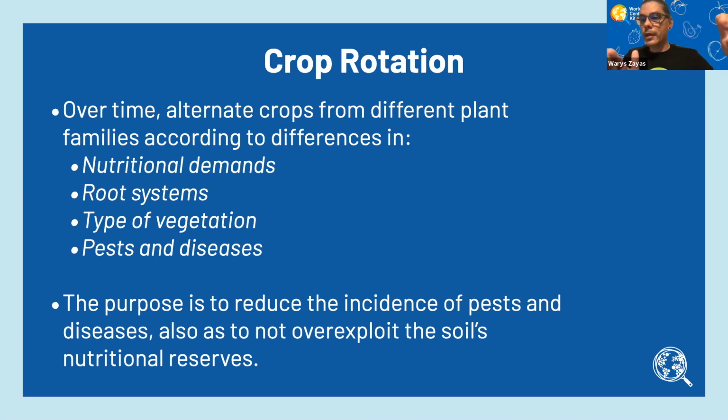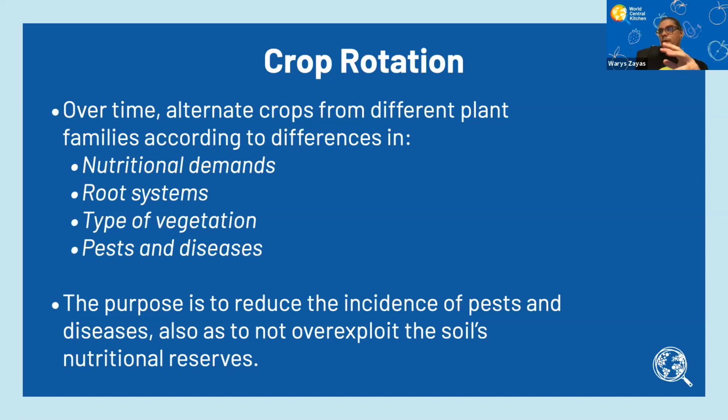If you were harvesting lettuce, the next cycle there could be peppers, because they are a different family. You harvest the fruit, not the leaf, and they are really different in nutrient demands as well as in pests. Okay.